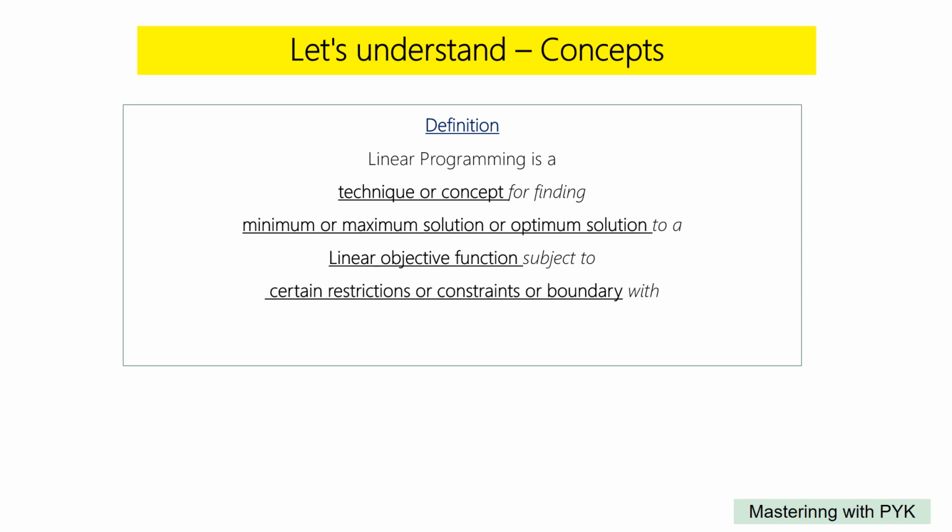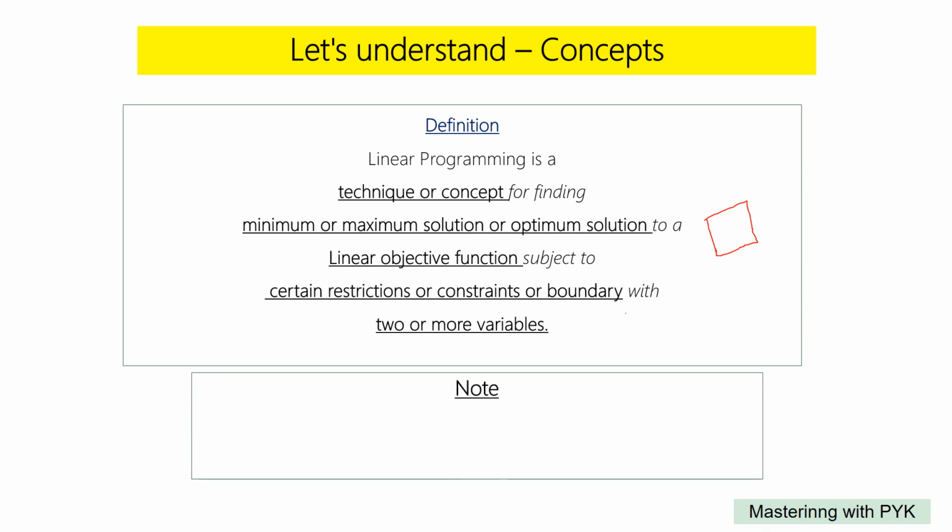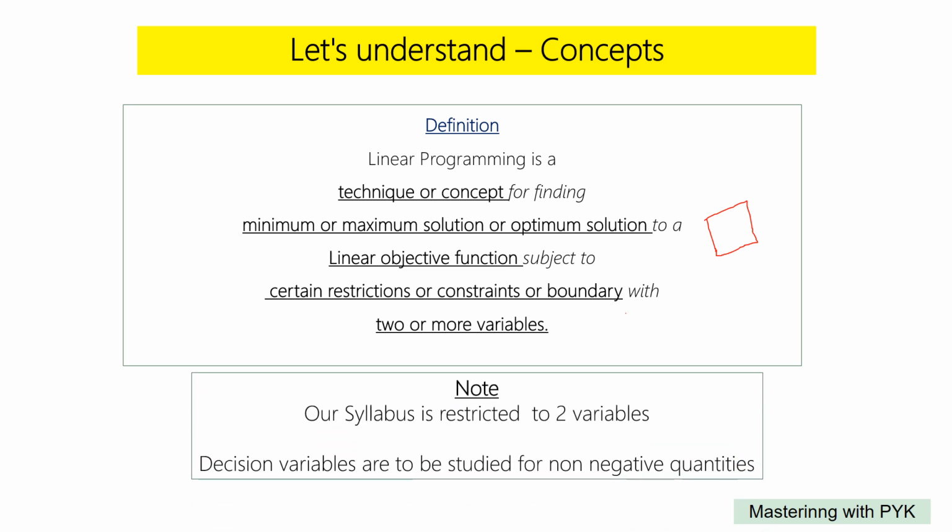In real life, we call them our limitations. It can be anything depending on your investment, money, time, working hours, labor, availability of raw material, with two or more variables. But in this series, we'll be going with only two variables and we will not be talking about any negative quantity.